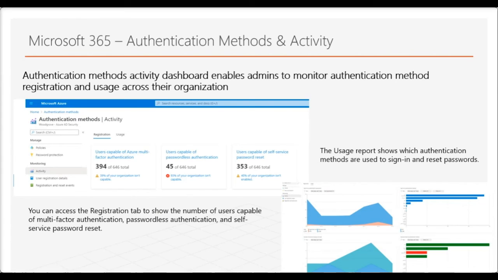So the sign-in shows you where the user is coming in from, the IP address, the location, what device, what browser they're using, what authentication method they're using, and also if they're being hit by a conditional access policy. So just be familiar with those sign-in logs, and also like I just mentioned in the security area, definitely think about either MFA or some of those other authentication methods. They'll increase your security standing by 1,000%. It's that powerful.